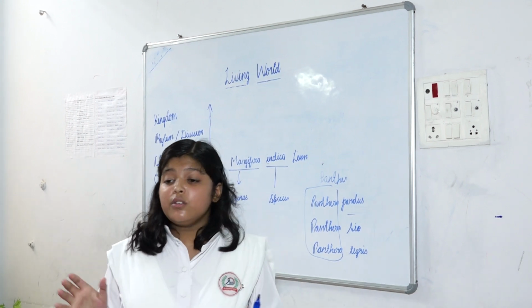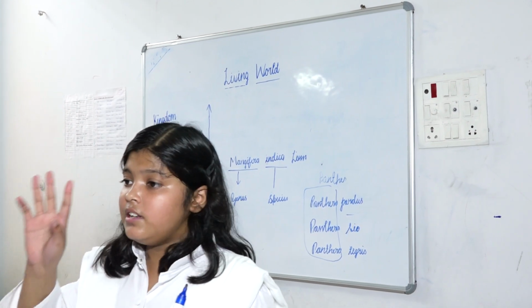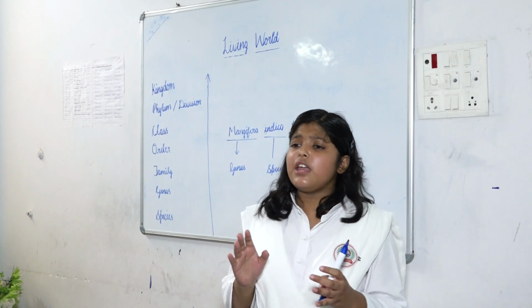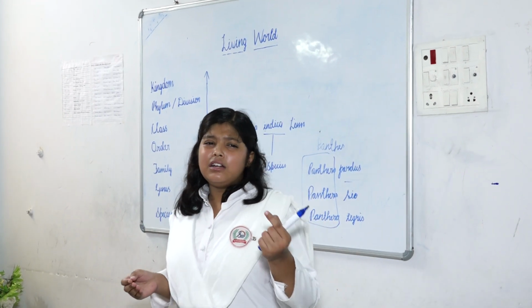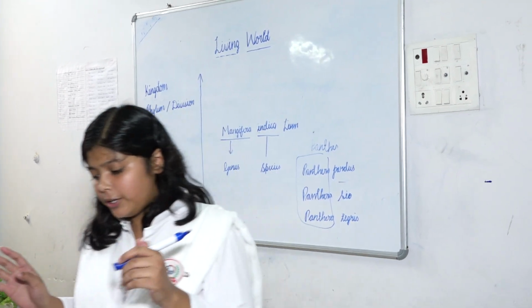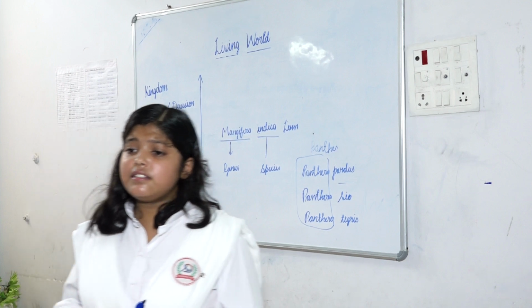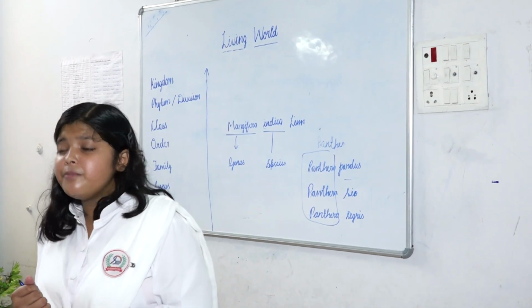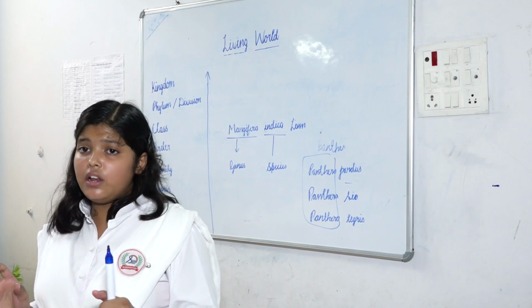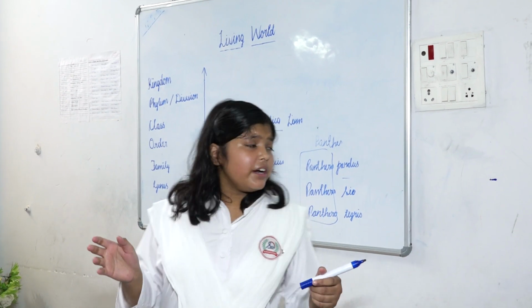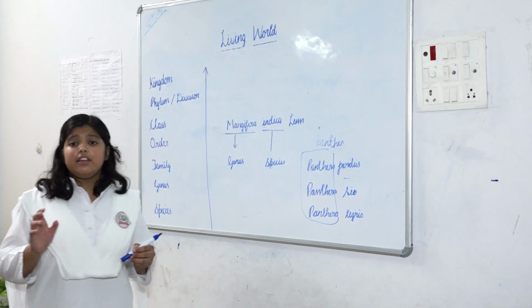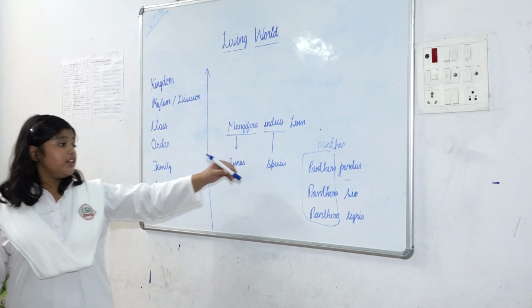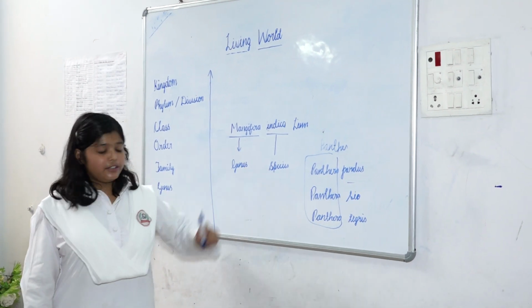If you observe these 3 animals, lion, panther and tiger, their phenotype is a bit the same. They have fur, they eat flesh, and they have 4 legs. So these similarities allow them to be put into the same genus, that is Panthera.